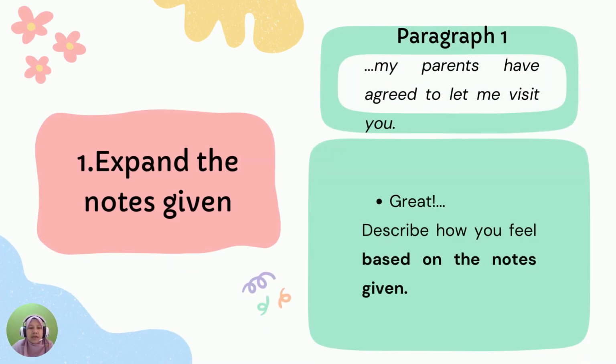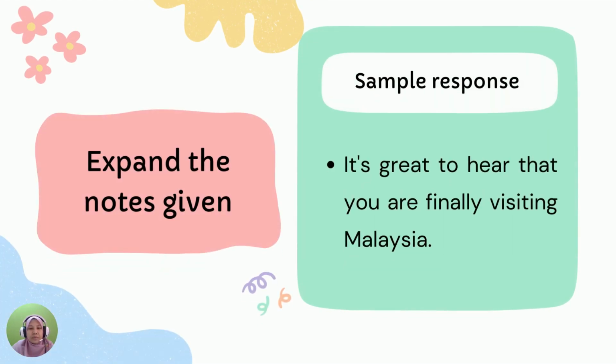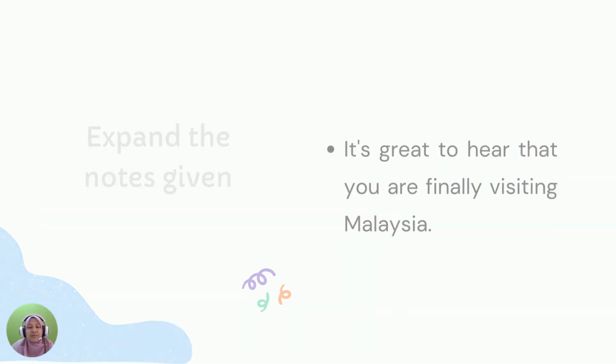Okay, number 1, expand the notes given in paragraph 1. My parents have agreed to let me visit you. In the note given, the word great, you have to describe how you feel based on the notes given. The sample response that I have prepared is: great to hear that you are finally visiting Malaysia.